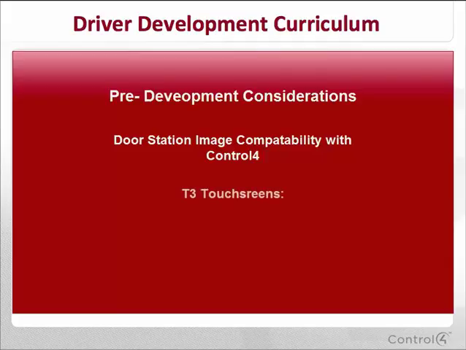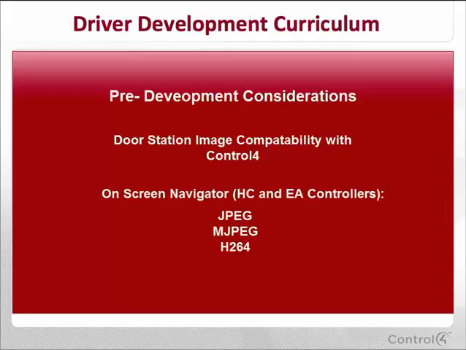T3 touchscreens support JPEG, Motion JPEG, and H.264 streams. On-screen Navigator provided by the HC and EA class controllers support JPEG, Motion JPEG, and H.264 as well. So do the Control4 mobile apps.